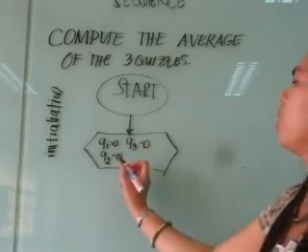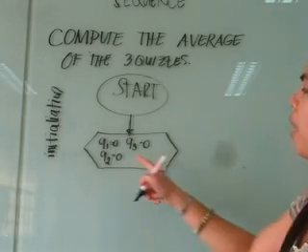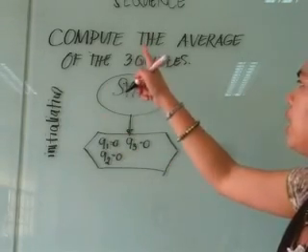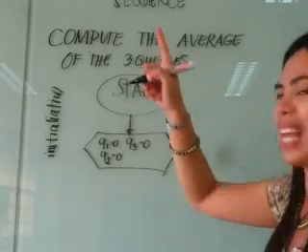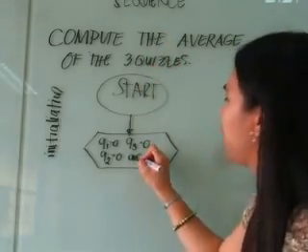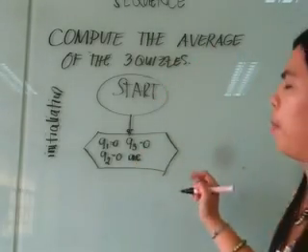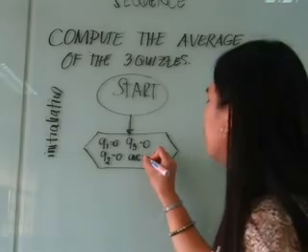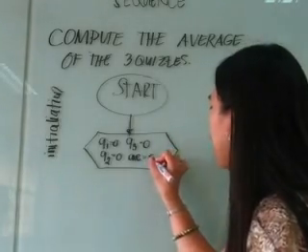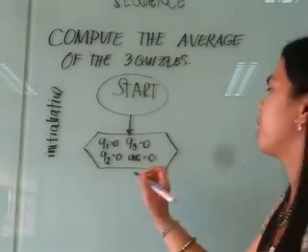Q1 to 0, Q2 to 0, and Q3 to 0. And after initializing the quizzes, you're going to write down the average, which is to be computed in the problem. Since there is no answer yet, you also initialize the average as 0.